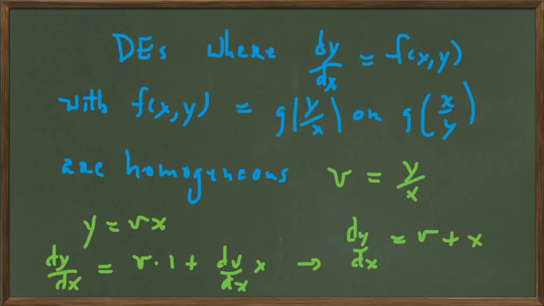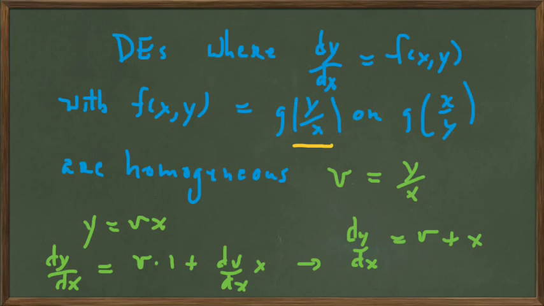Before we go to solve that, let's just generalize that we were first able to take our differential equation and solve it for dy dx. The right-hand side, f of x, y, we were able to write as a function of y over x.